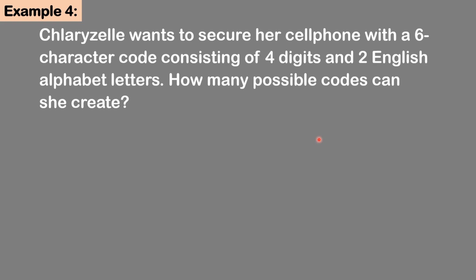To determine how many possible 6-character codes she can create, we need to consider the number of choices for each of the 4 digits and 2 letters. Since the code consists of 4 digits and 2 English alphabet letters, there are 6 positions to fill in.